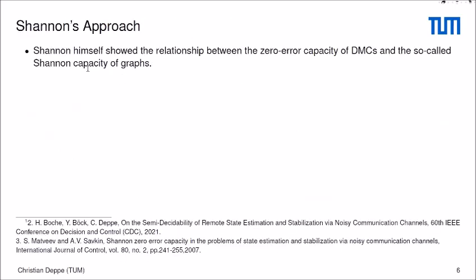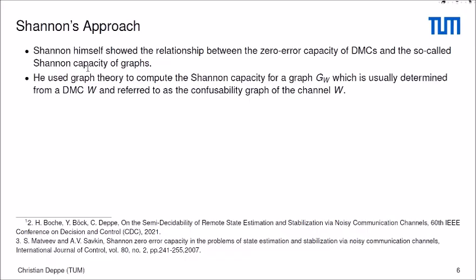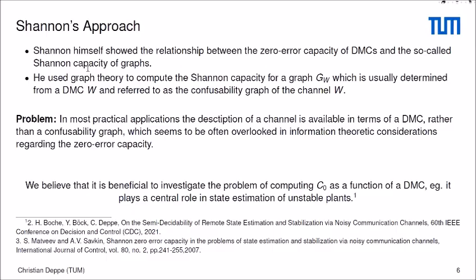Shannon by himself showed the relationship between the zero error capacity of a discrete memoryless channel and the so-called Shannon capacity of a graph. He used graph theory to compute the Shannon capacity for a graph G_W, which is usually determined from a discrete memoryless channel W and referred to as a confusability graph of the channel W. The problem is that in most practical applications, the description of a channel is available in terms of a DMC rather than a confusability graph, which seems to be often overlooked in information theoretic considerations regarding the zero error capacity.